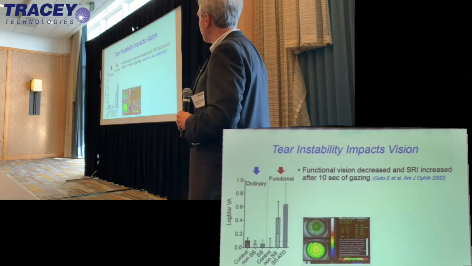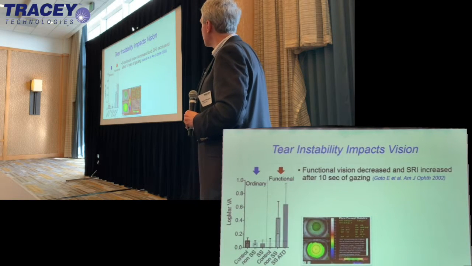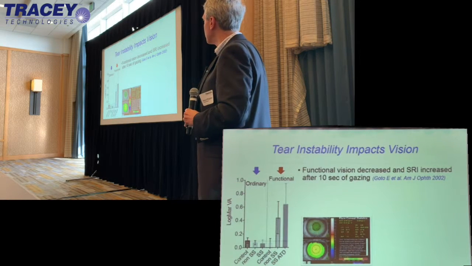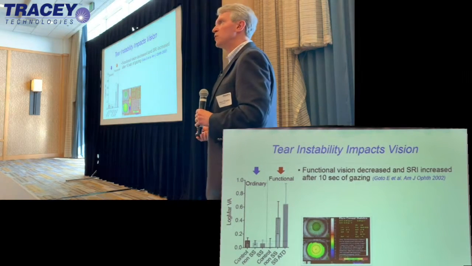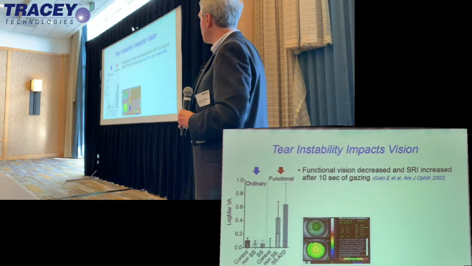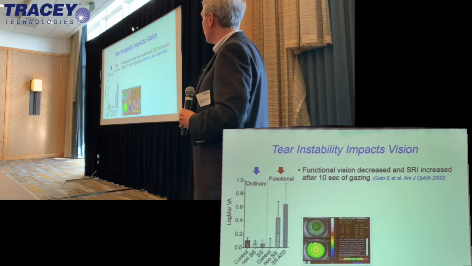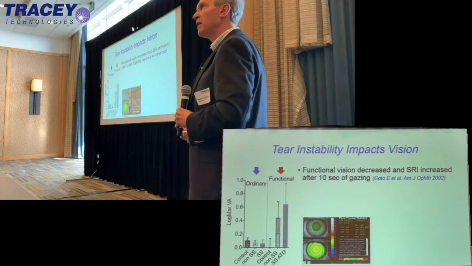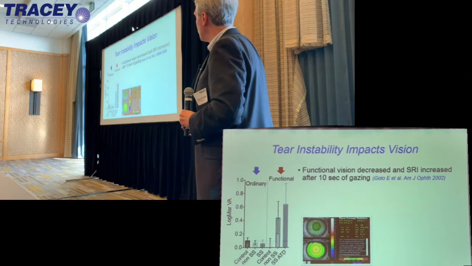So one study performed by Kazuo Tsubota's group in Tokyo compared what they called ordinary visual acuity, which was just measuring vision under normal conditions, and people with dry eye, both Sjogren's syndrome and non-Sjogren's syndrome aqueous deficiency, had logMAR visual acuities that were virtually identical when measured under normal conditions.